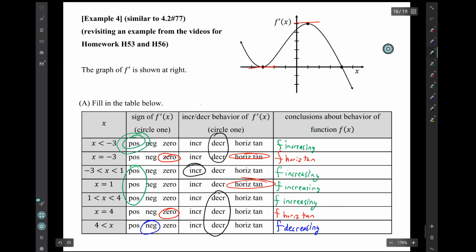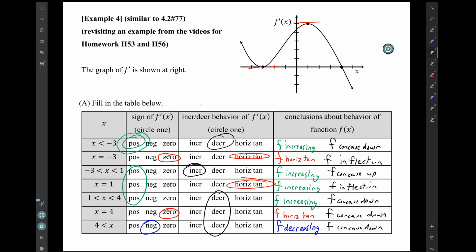Now let's translate all this information about the increasing, decreasing behavior of f prime and what it tells us about f. So there's our conclusions about the behavior of f.